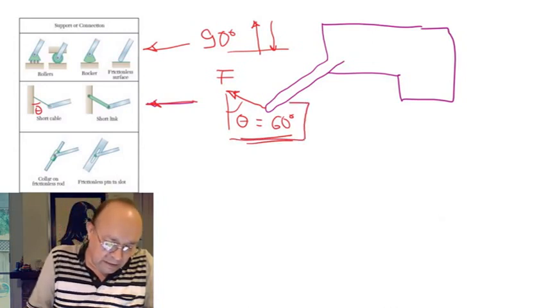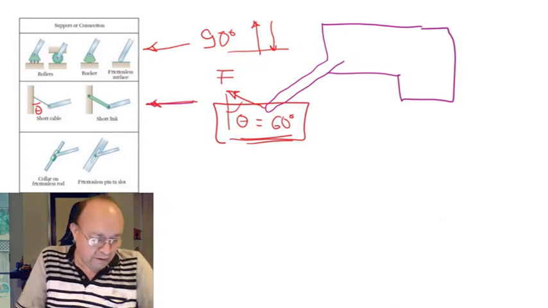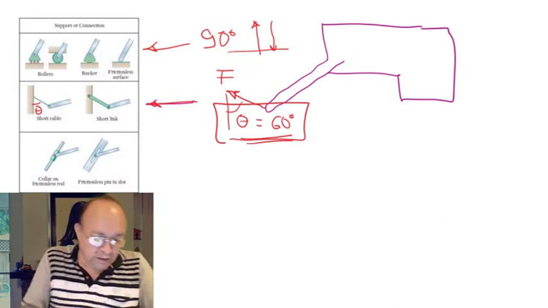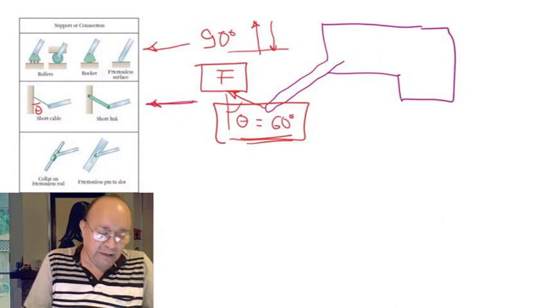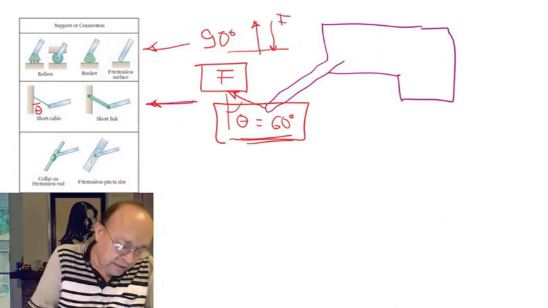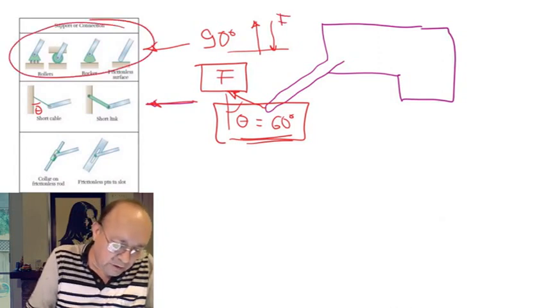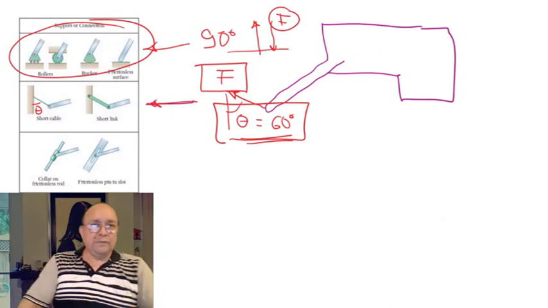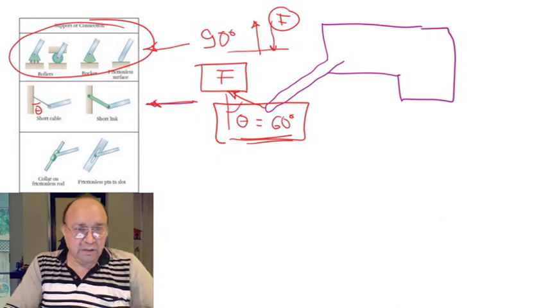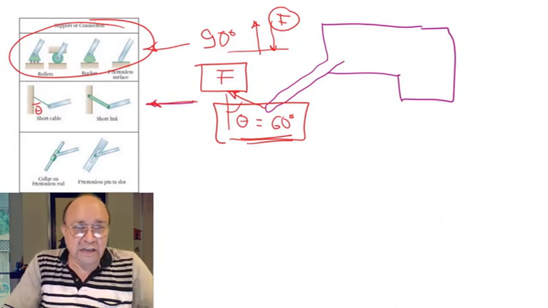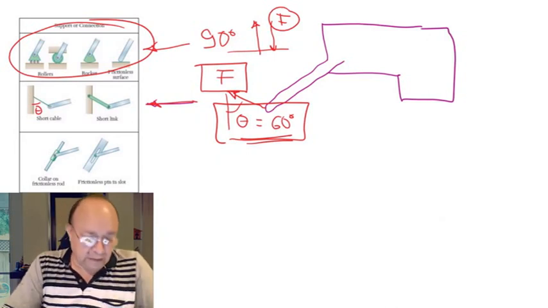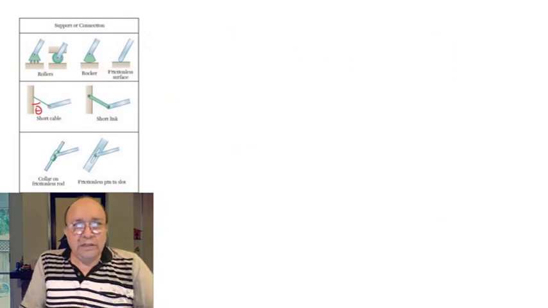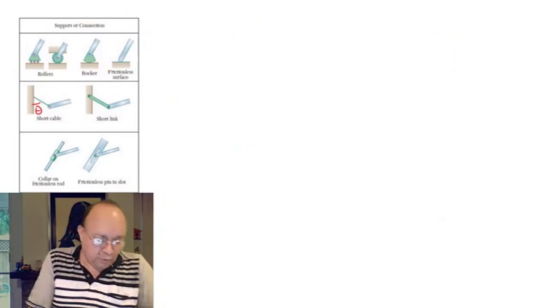Like in this case, I said here 60 degrees, could be anything, but it's known. The only unknown is the magnitude, not the direction, same as in the initial set of supports. Eventually, the sense is also an unknown, but it's just the sign that you get at the end of the calculation. Let's see the third set of supports.